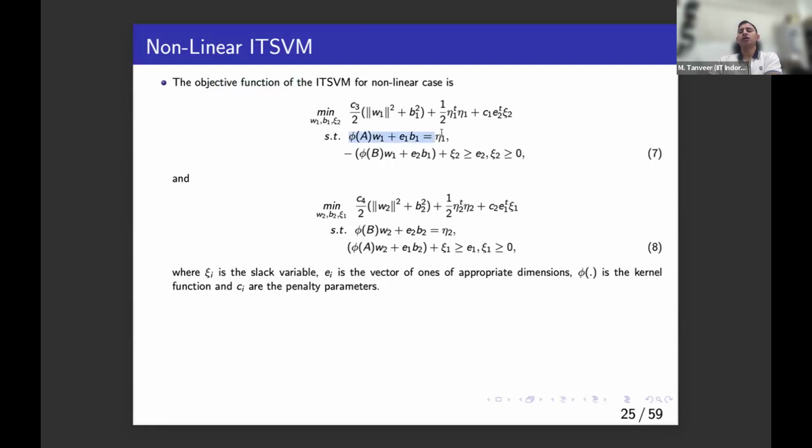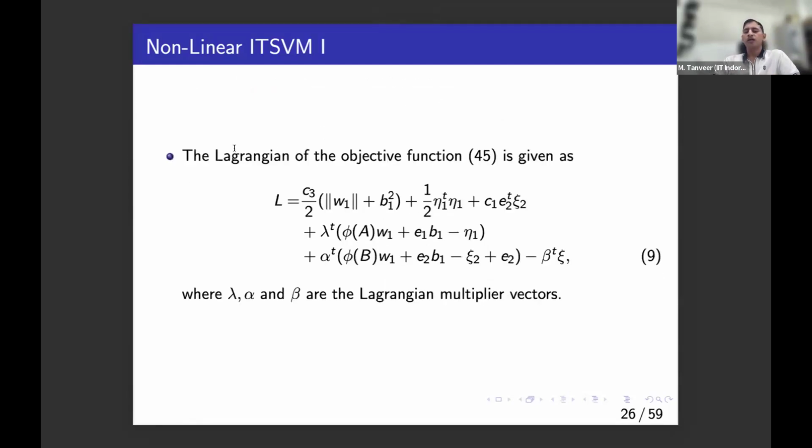But the most important thing that they have done is that they have considered this constraint in solving the dual problem. So this is the beauty of this algorithm, that they have considered the Lagrangian functions and they have considered it as a constraint.